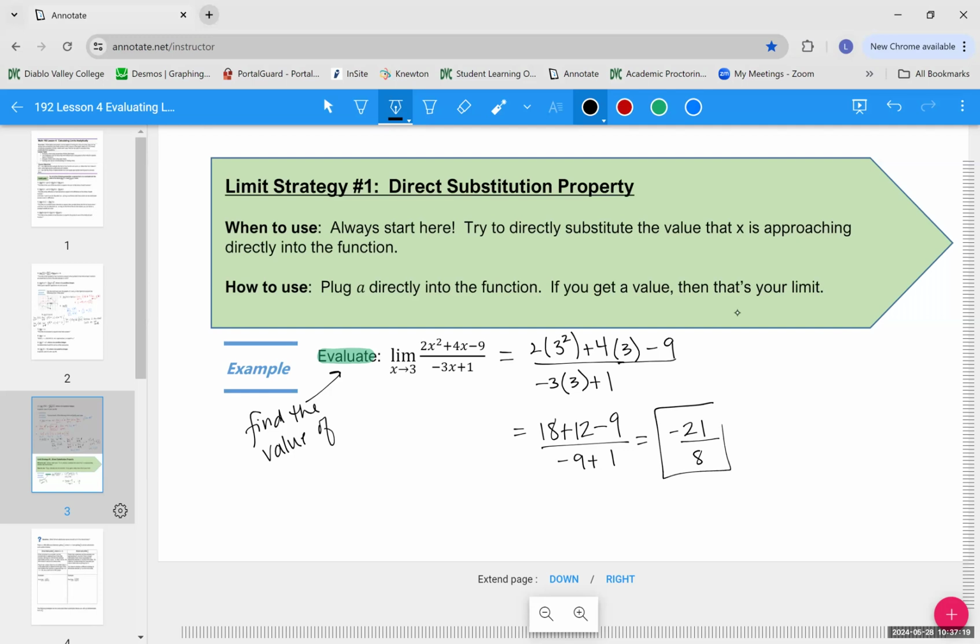That is definitely a number. It's not something over 0. And so that will be my limit. So your direct substitution property is always going to be your first try. And if you can plug it in and get a number, then you do that and you're done with that limit, which is really nice.